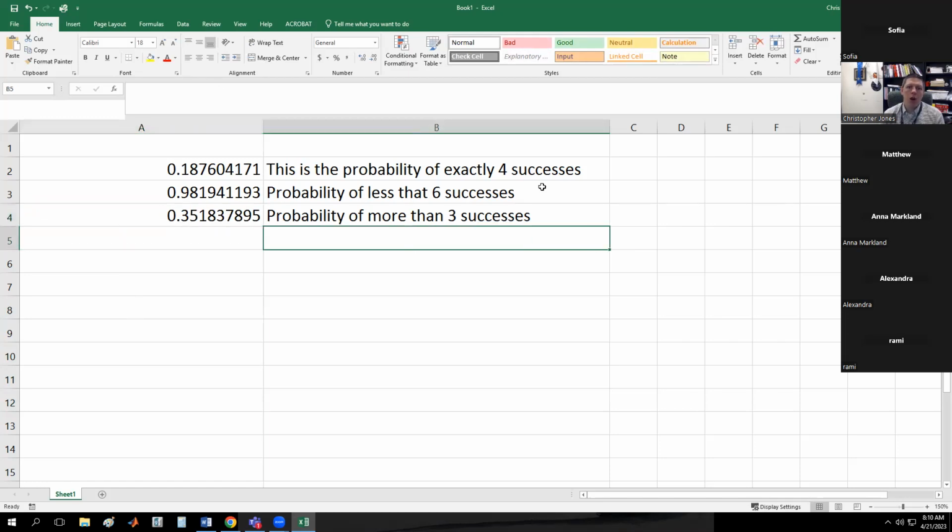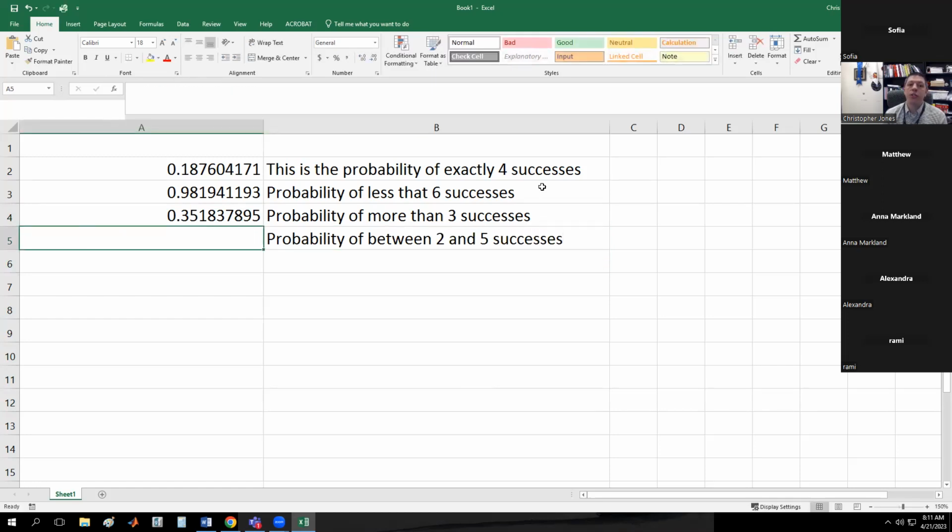All right. What if I want a between problem? So let's say probability of between, let's say something like 2 and 5 successes. Well, what I would do is subtract the probability of 5 and 2.